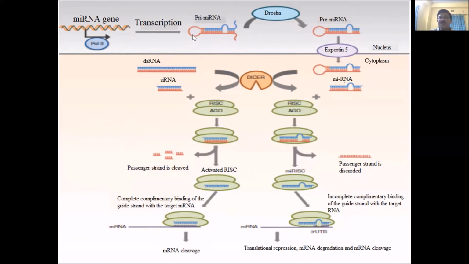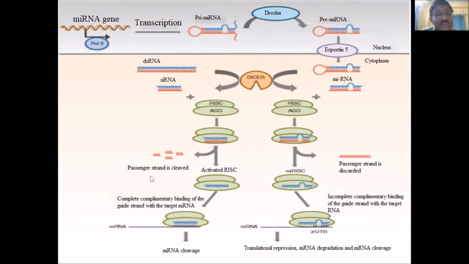Inside the nucleus, these microRNA molecules are processed by enzymes, and then transported into the cytoplasm. The similarity with the siRNA is that they too bind with the RNA-induced silencing complex or RISC and the Argonaute superfamily of endonuclease proteins, and they form this complex.